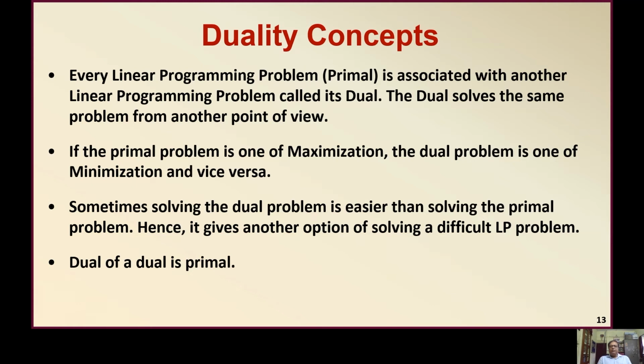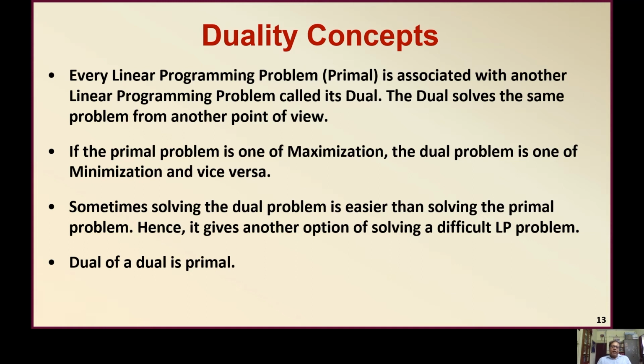Let us say we have a profit maximization problem, and there are a few resources, say 3 resources, and there are 2 products, and these 2 products are to be produced with the help of these 3 resources. So we are making, let's say, chairs and tables, and we have resources such as wood, nails, and maybe the manpower.